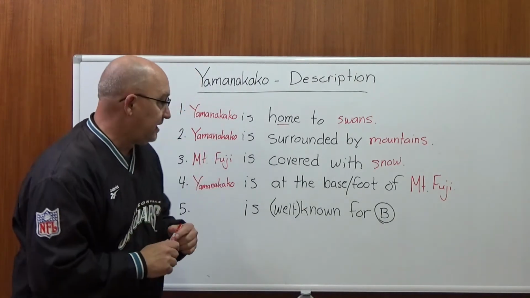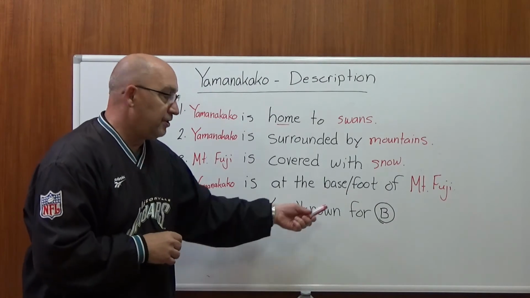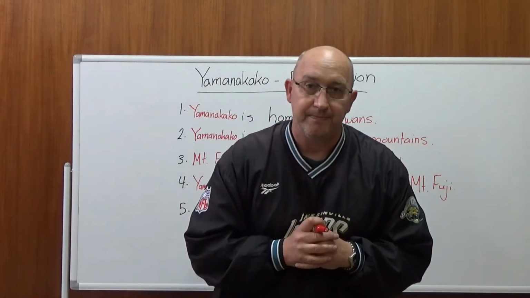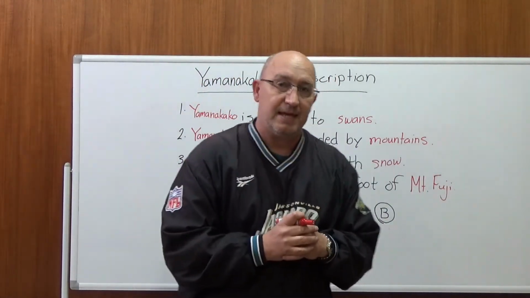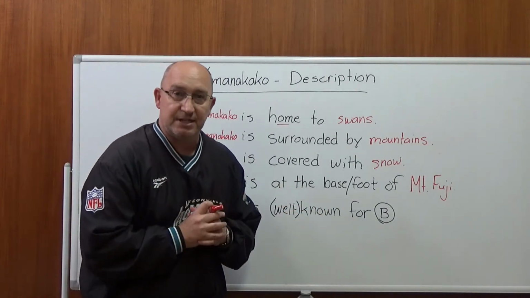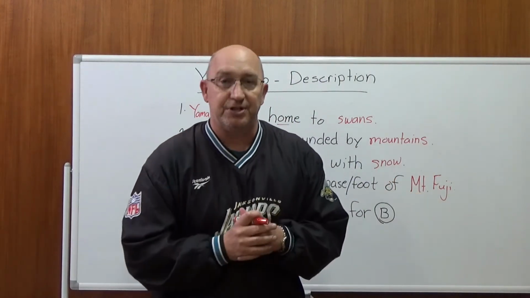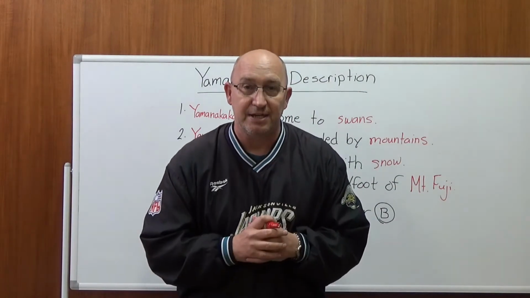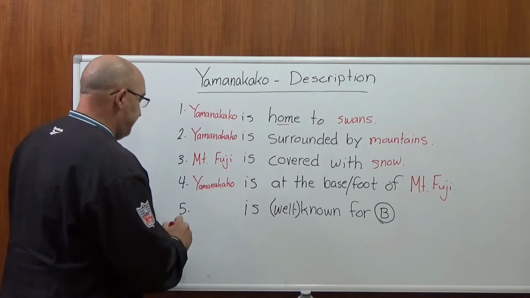Now our last idea, known for. Now, known for is the same idea as famous for. That everybody knows, or many people know. Now, well known means very famous. So, Japan is well known for sushi. Well, Japan is well known for Mount Fuji. But let's talk about Yamanakako.